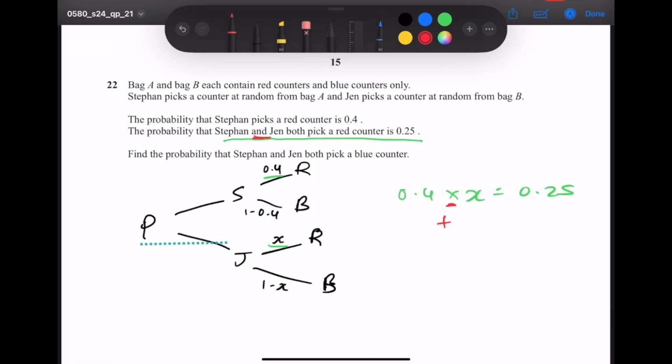If it is Stephen or Jen picking up a red counter, then we use add. So in probability questions, if the question asks for and, you have to multiply the two events. If the question asks for or for two events, like either this happens or this happens, then we add the two events. You can think about it intrinsically, right?